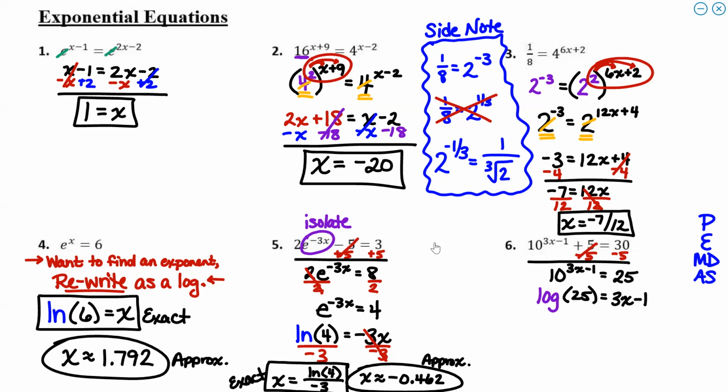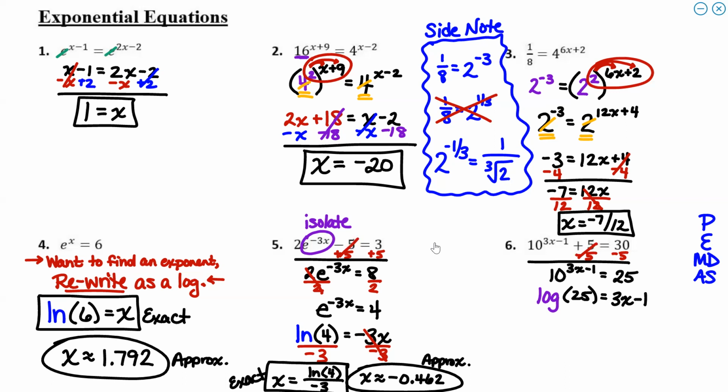All right, let's knock out these last 3 problems. Number 7 looks weird compared to the other ones that I've done. Because with all the others, I either have an exponential on both sides, and I can deal with that, or I have a constant on one side and an exponential only on the other.